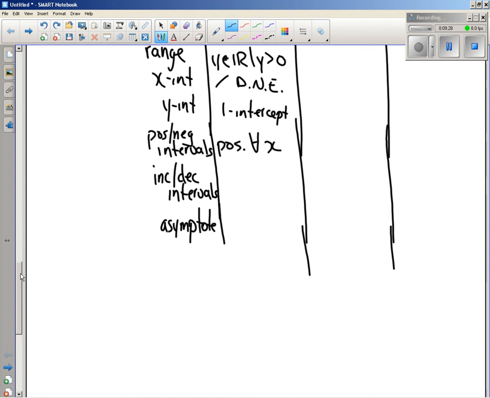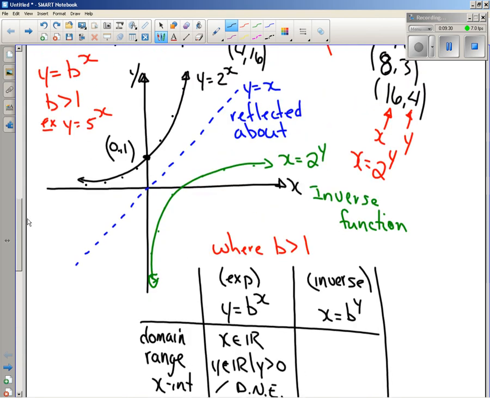Okay, what about intervals of increasing and decreasing? Looking at the slope of 2 to the power x, is it increasing? Is it decreasing? What's that graph doing? Okay, I've heard increasing. Is it increasing all the time or increasing part of the time? If it was different, we would split it.